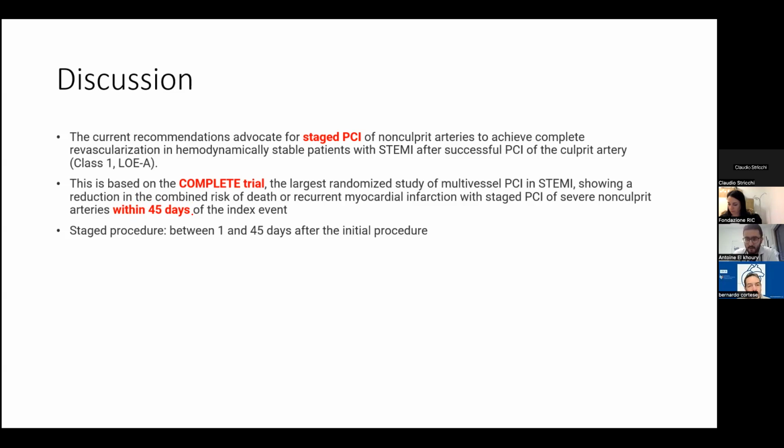So we have around a 30% reduction in mortality if we do complete revascularization for this patient after stenting the culprit vessel initially. And we have 45 days, meaning sometimes we can discharge the patient and make him return in 1 or 2 weeks in order to do the rest of the vessels. So the study included patients who had complete revascularization within 1 and 45 days after the initial procedure.